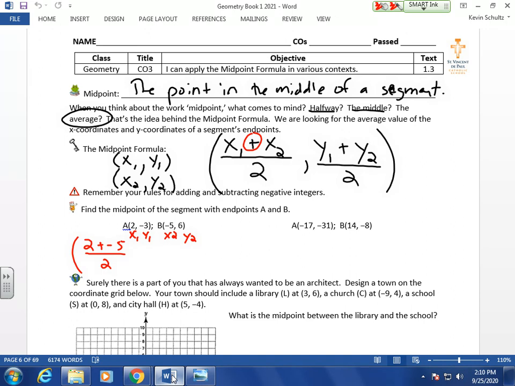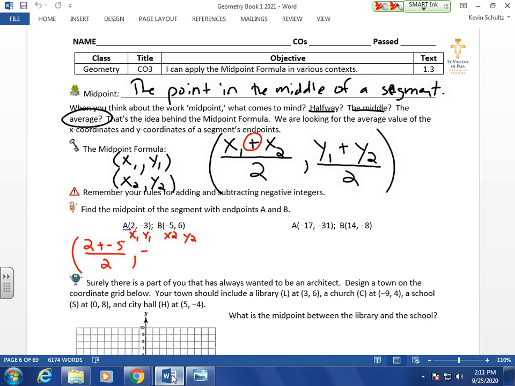So if you were wondering in PO3, when am I ever going to see 2 plus -5? Why would you write it like that? Why wouldn't you just write 2 minus 5? Here's where you would see it. When you're using a formula with negative values to get to a result, you now understand what this really means, 2 minus 5.